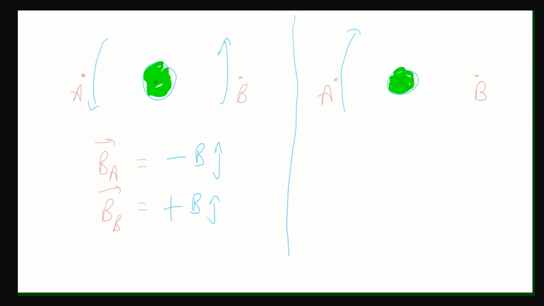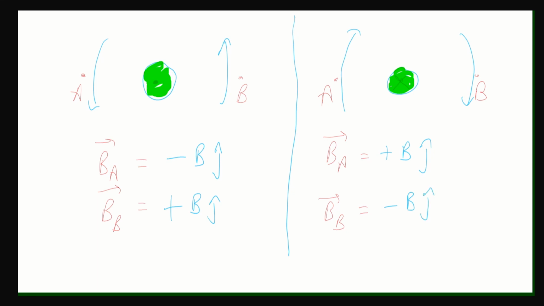You will realize that fingers are going like this. What is the direction at A point? Fingers are going up, so magnetic field is in positive y direction. At B point, field line is going down, so negative y direction.